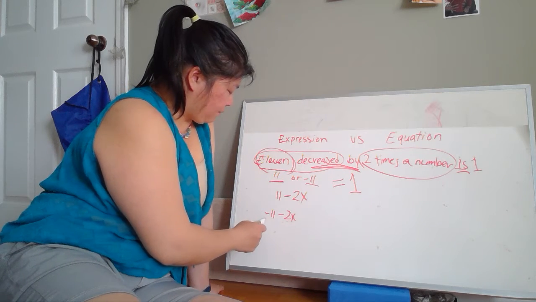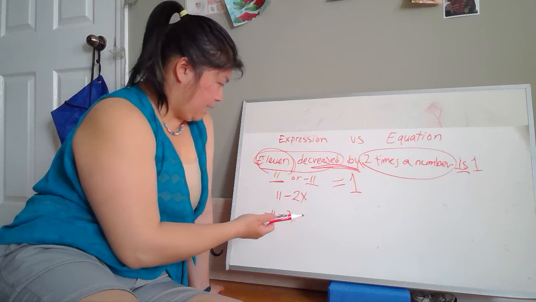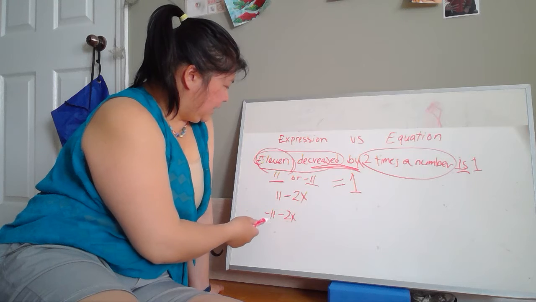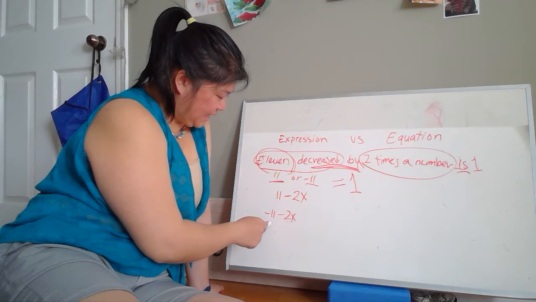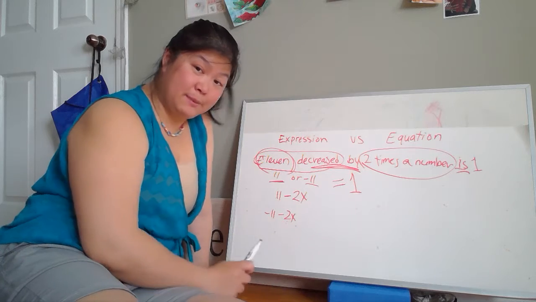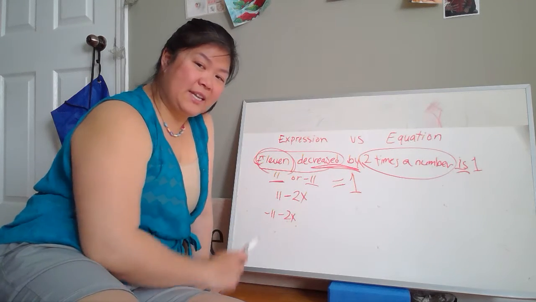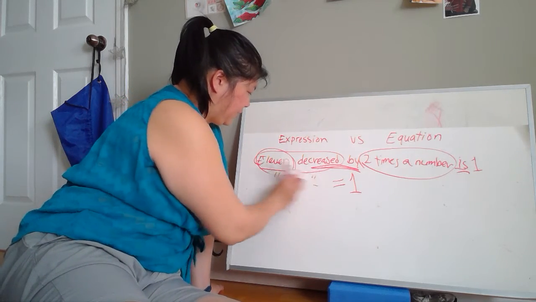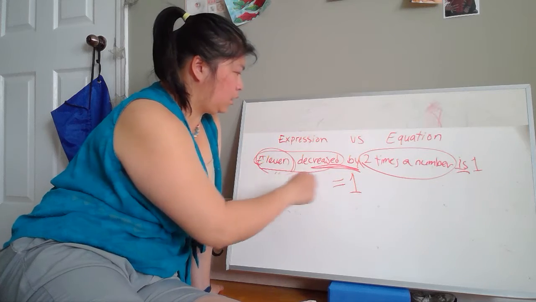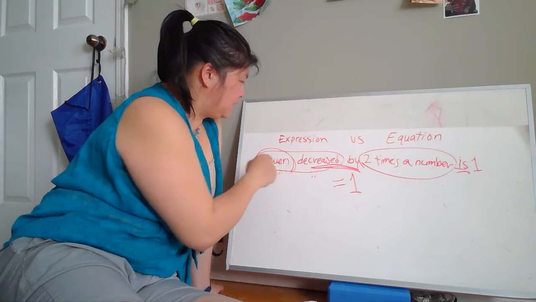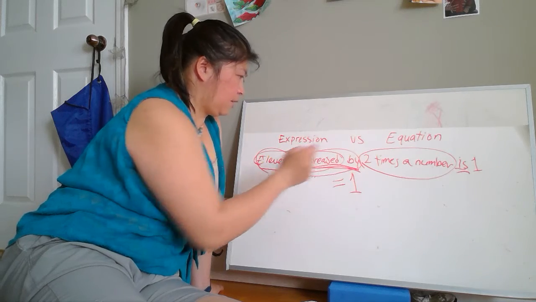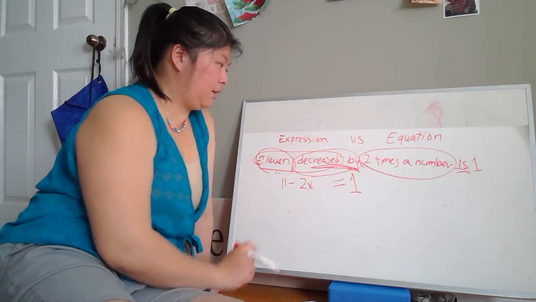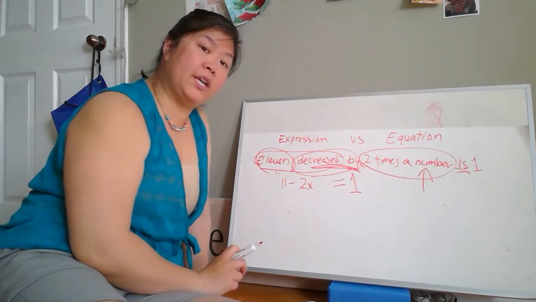The wording for negative could be 11 less than 2 times the number. It's very important to read the actual words. So 11 decreased by 2 times a number. A number is that variable that we were talking about earlier.